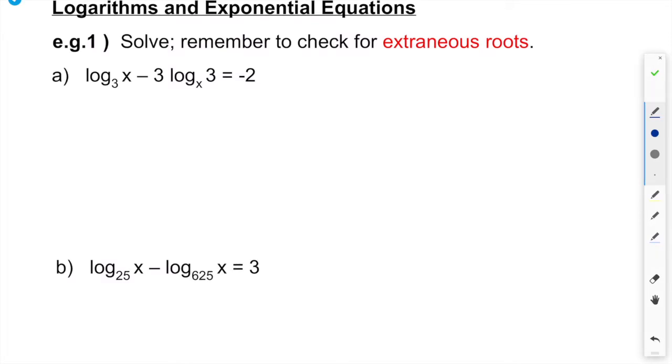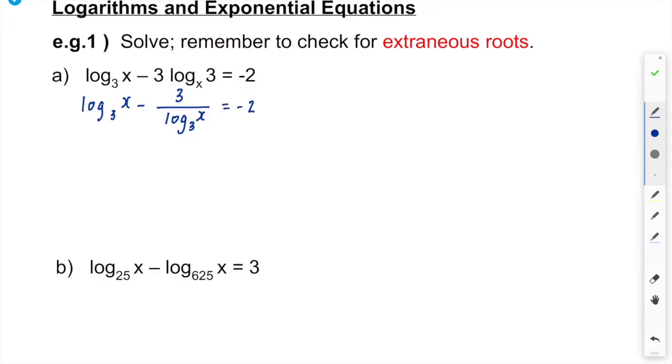So right away, you will notice that that property that we've just proven will come in handy. And I'm going to write the second term as 3 over log x base 3. So that now I have two terms that involve log x base 3 equals negative 2.